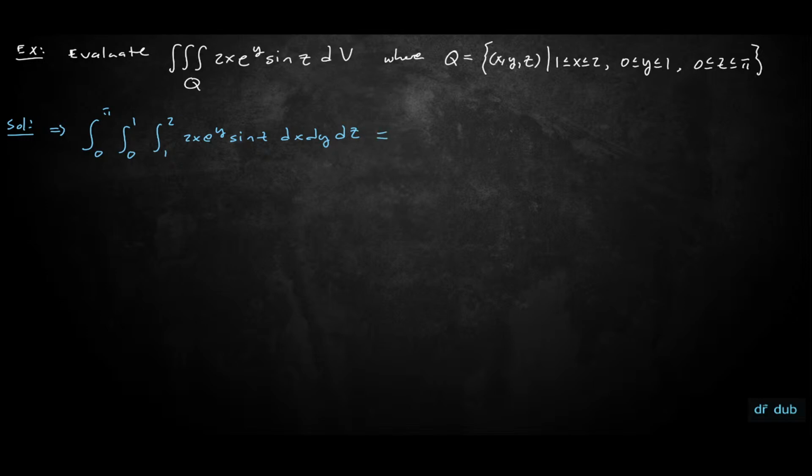Okay, so it's the same as what we did for double integrals. You work from the inside out. So we're going to do the x integral first. We still have the integral from 0 to pi for z, and the integral from 0 to 1 for y. Now if we integrate x, treat y and z like constants. That's just going to give me x squared e to the y sine z, from x equals 1 to x equals 2, dy dz.